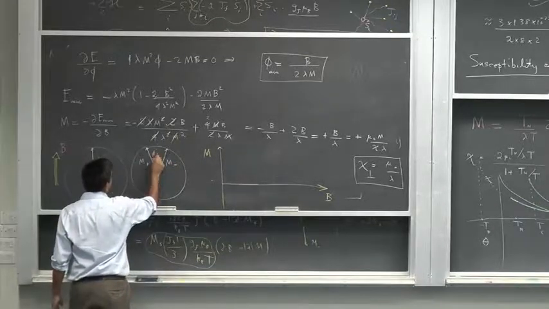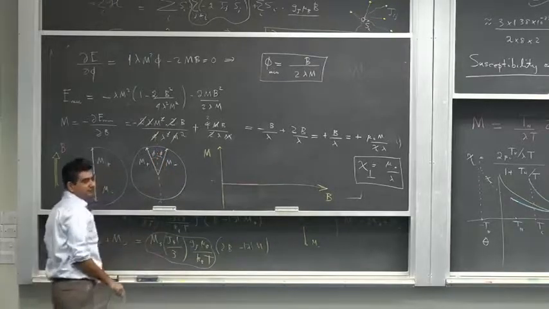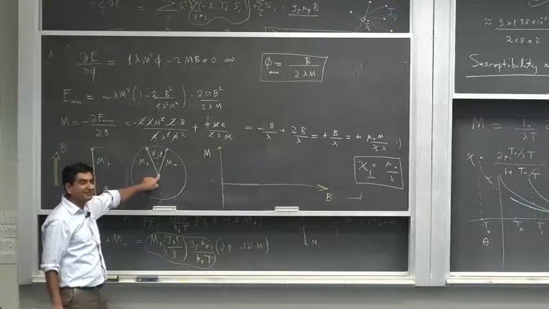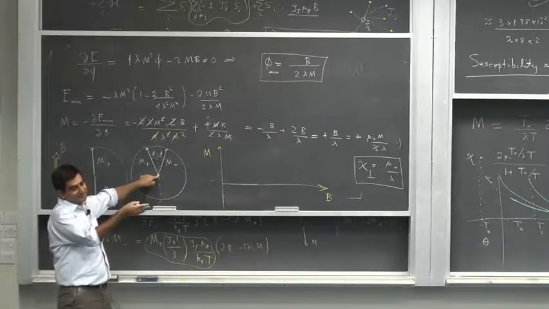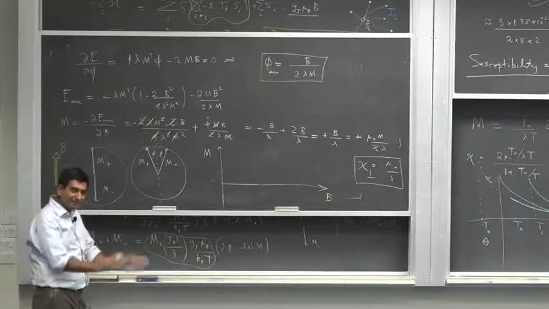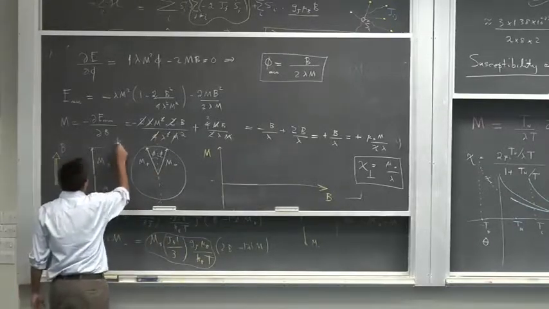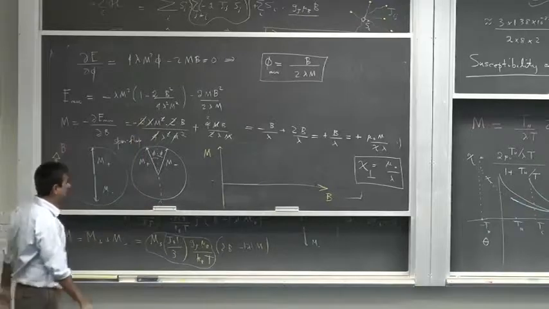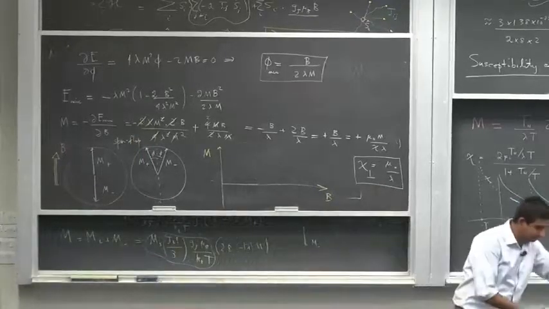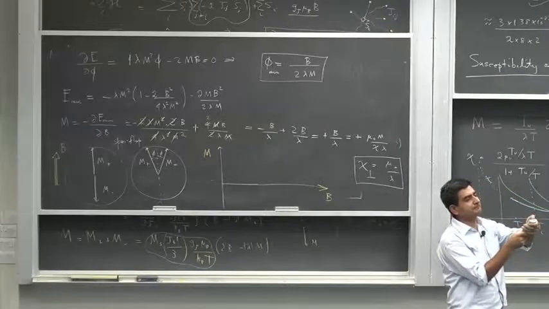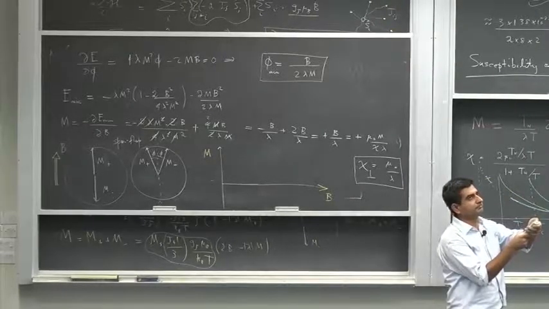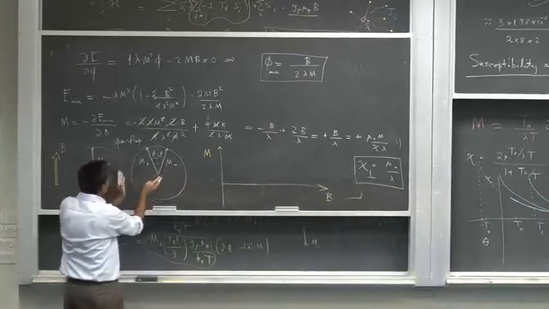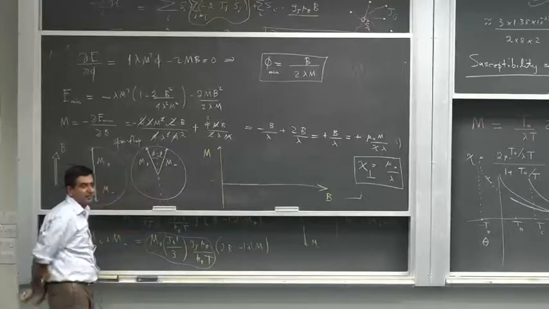This angle is phi, this angle is phi. So they will become canted, suddenly at a certain magnetic field. And you can find out the amount of field that produces this. This is called a spin flop. So a spin flop is produced, and overall the sample acquires a magnetization.